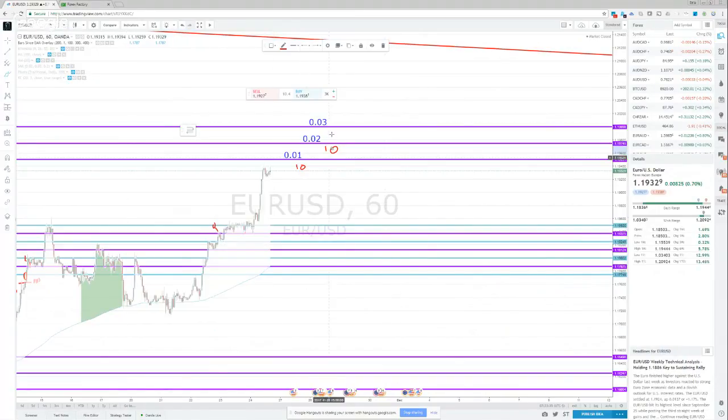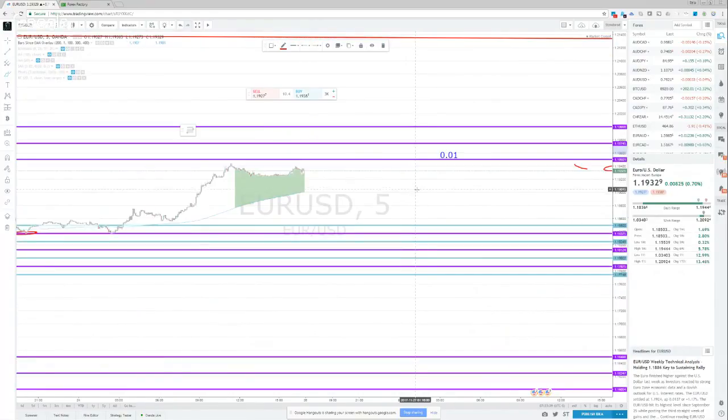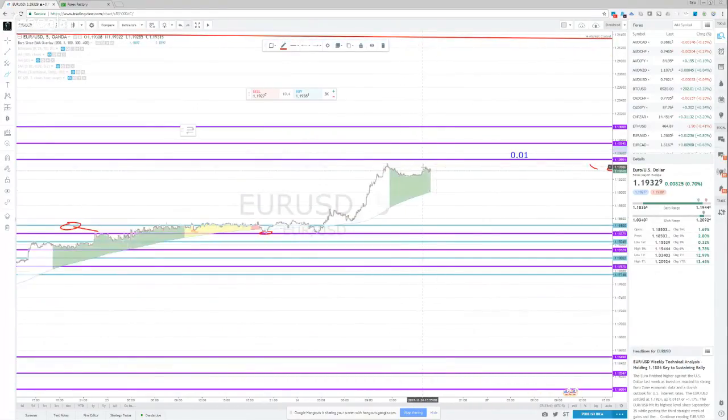If this 5-minute chart decides to go, whoa, I'm going up here, right? Then what happens to this level? I already put two orders here, so I'm not going to put it here for sure, because there's a greater chance that it will take this whole level out.